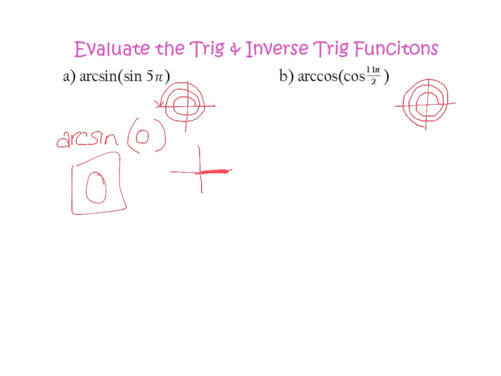What is the cosine on that one? You should say 0. Then you're going to do the arc cosine of 0. What is the angle that has a cosine of 0? This has to fall back into our acceptable range for cosine, the top 2 quadrants. In the top 2 quadrants, when is cosine 0? That happens to be right here at pi over 2.